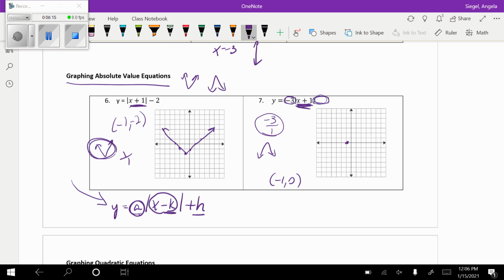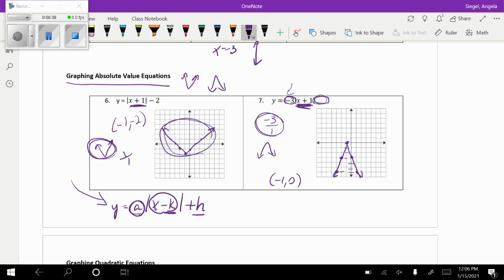Then I'm going to take that kind of slope, not really, but kind of, and go down 1, 2, 3, and over 1 to the right and over 1 to the left. Then do the same thing, 1, 2, 3. So it looks like that. Notice how this one is skinnier than this one. As this number gets bigger, the skinnier it gets.